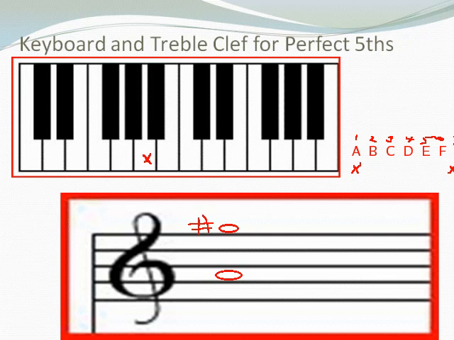From A, here we go, 7 half steps. 1, 2, 3, 4, 5, 6. What am I doing? I'm not doing the right thing here. Somebody tell me what I'm doing. I'm messing up here. It's giving me the notes. I've got to figure it out. It's some kind of a 7th here. Let me back up.